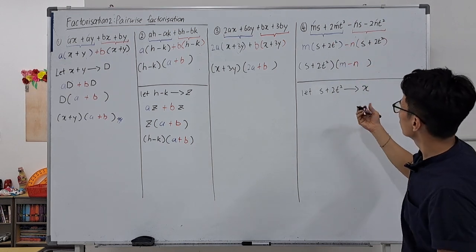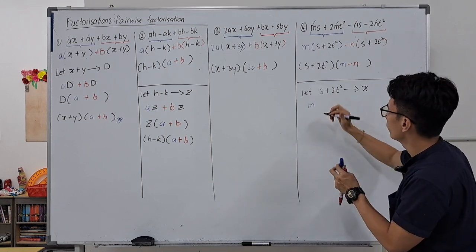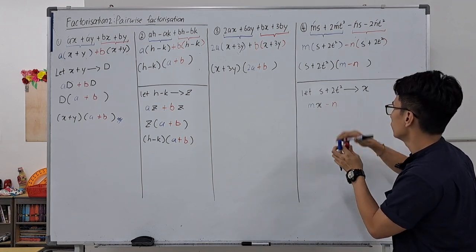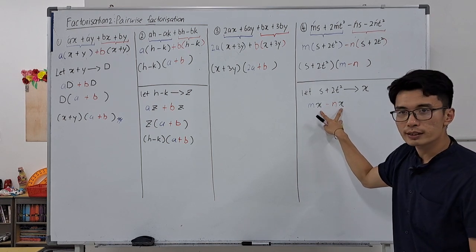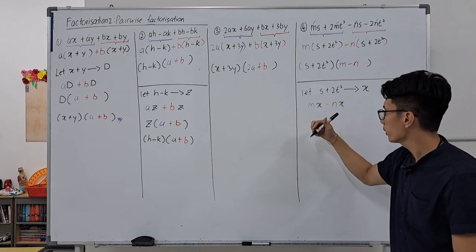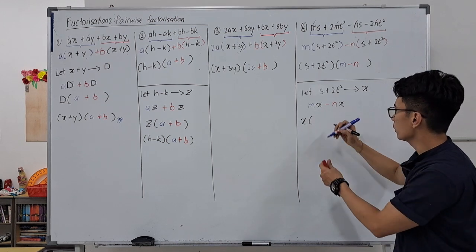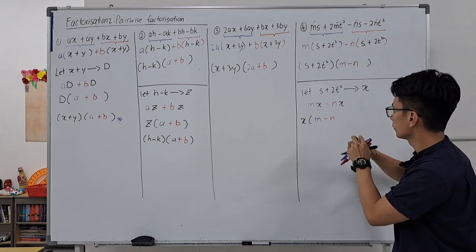So let's rewrite this expression. I will have mx minus nx. Again, you can see x over here, that's the common term that I can factorize out, so I will get x, and I will get m minus n here.